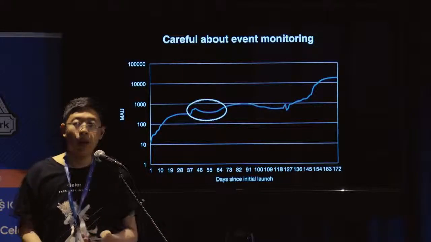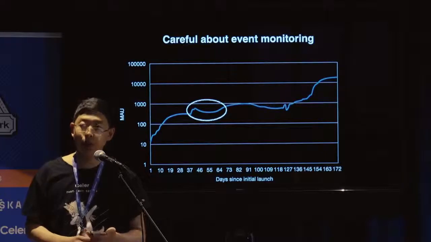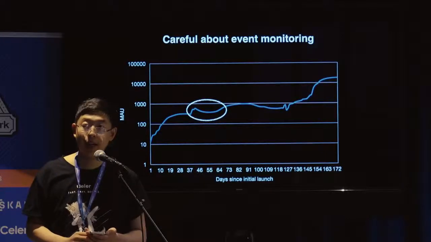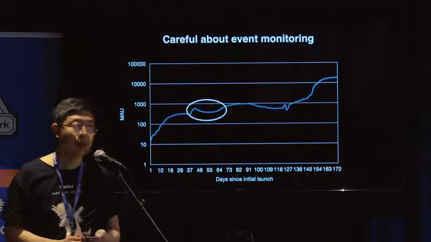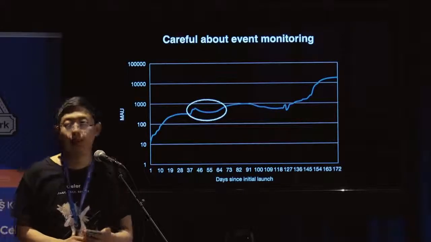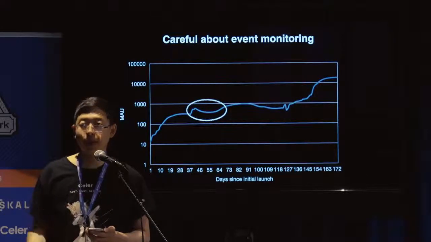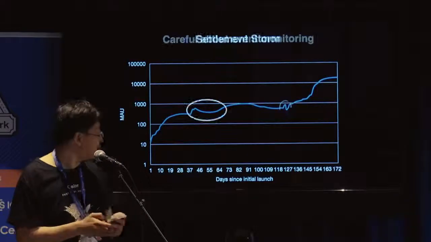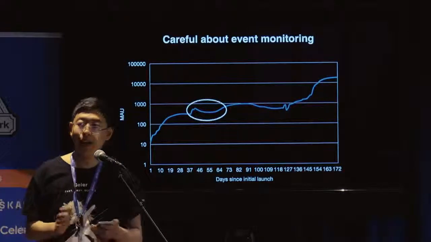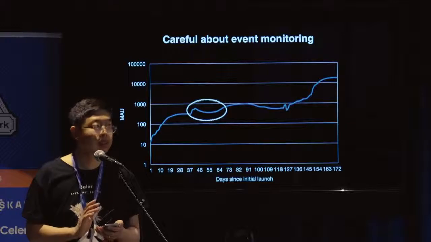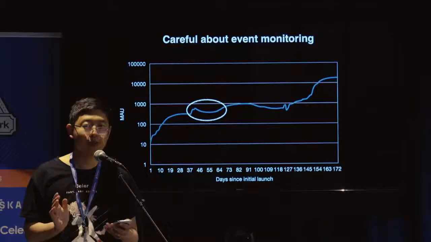We had an external dependency on Infura back then, and we were using Infura's WebSocket interfaces to monitor those events. If you are considering doing anything like that, I strongly recommend against it, because that was a horrible experience we had.